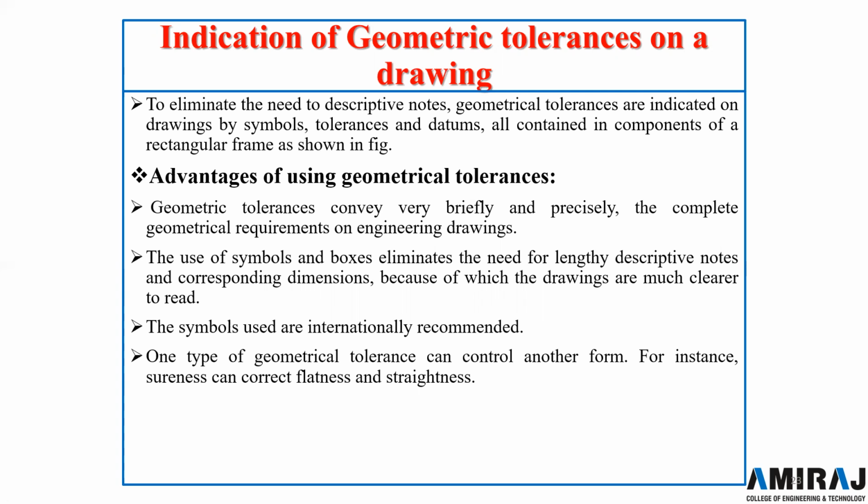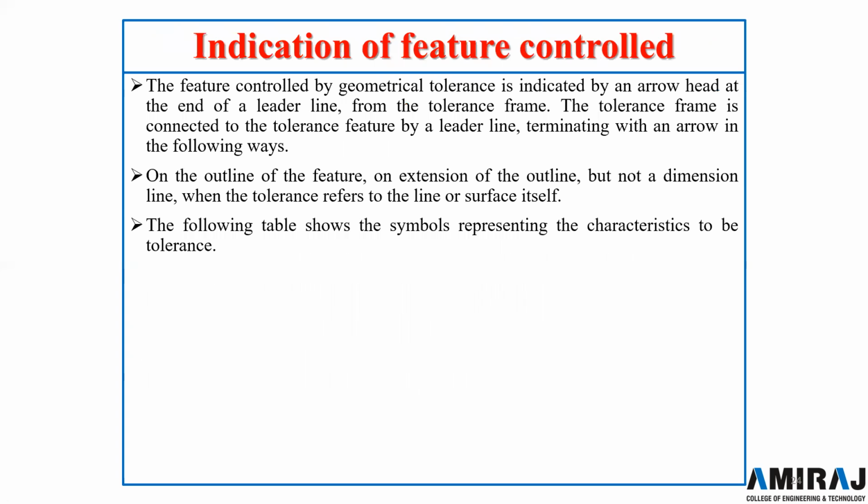The use of symbols and boxes eliminates lengthy descriptive notes. It doesn't require any lengthy descriptive note for the corresponding dimension, it is internationally recommended, and it can control another form such as flatness and straightness.